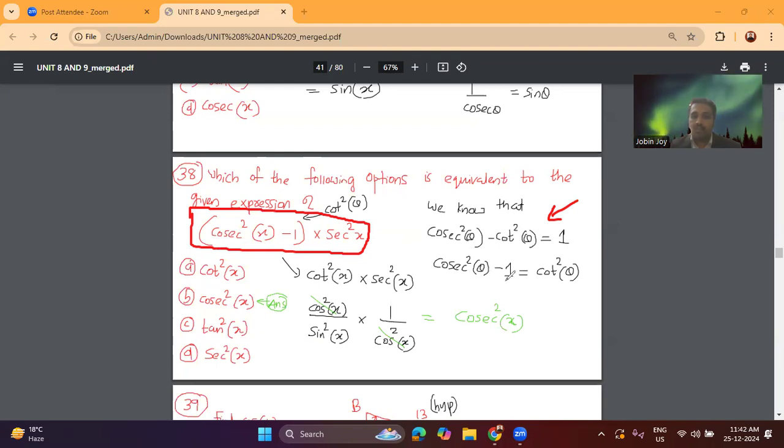That means cosec square theta minus 1 is equal to cot square theta. So I can substitute cot square x into sec square x. Cot I can write as cos by sine, so cos square x by sine square x into sec, which I can write as 1 by cos square x. The cos square x cancels, leaving 1 by sine square x. What is 1 by sine square x? Cosec square x. So the answer is cosec square x, option B.